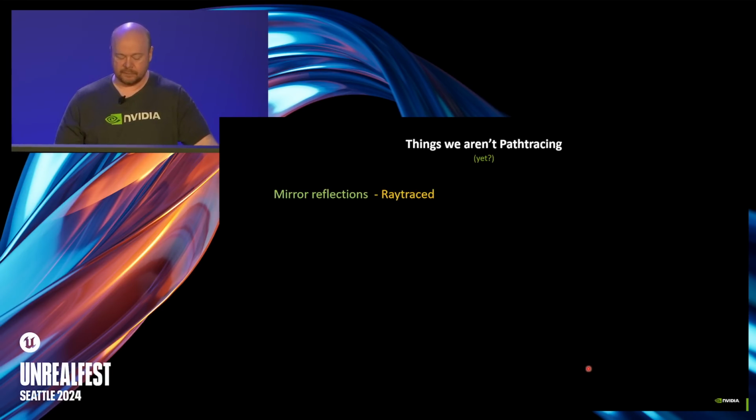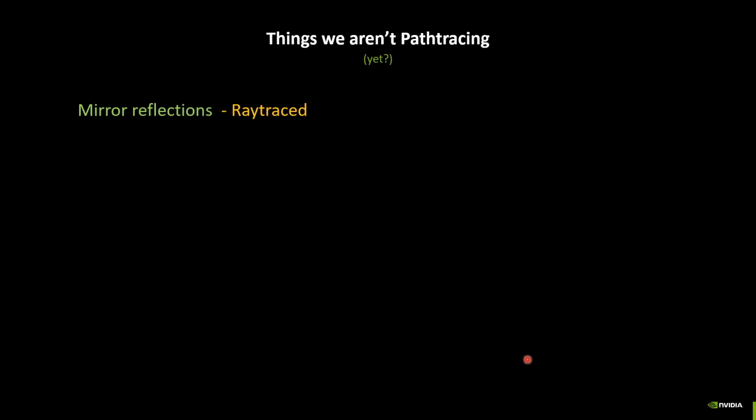Okay, so yeah, things we aren't path tracing yet. We have some work to do. Like I said, we path trace reflections, but not mirror reflections, very low roughness reflections. It probably started because real-time path tracing was more focused on direct and indirect lighting in its initial research, and then it started to move into other areas.